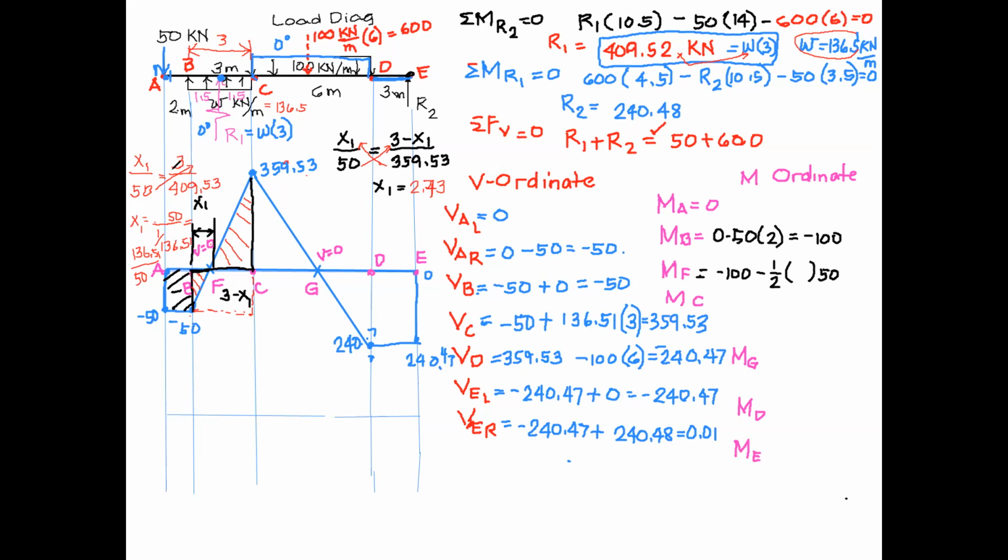Three divided by 409 is 1 over W. Yung uniformly distributed. So it goes up yung W natin. Divided by 50. 2.73.